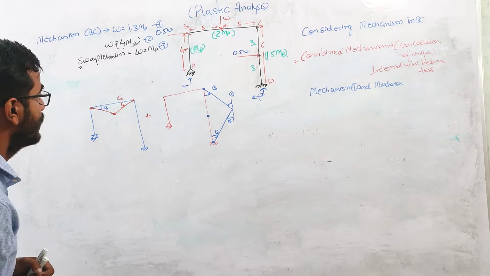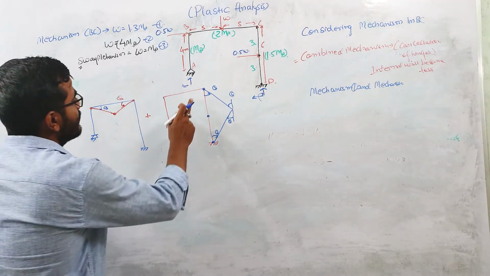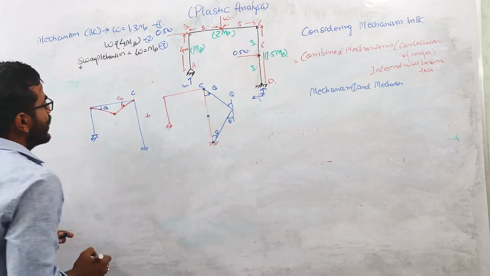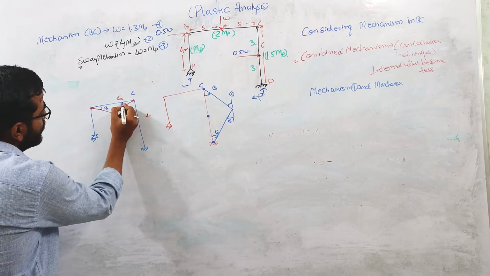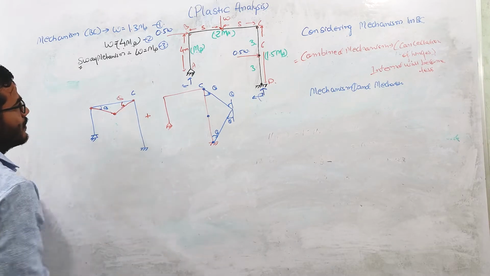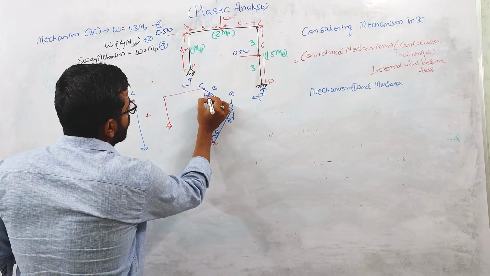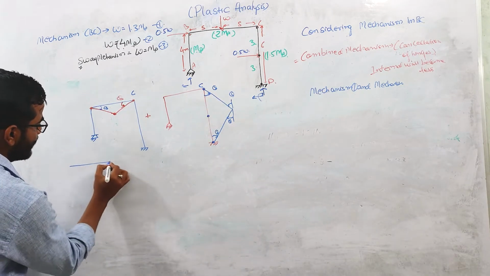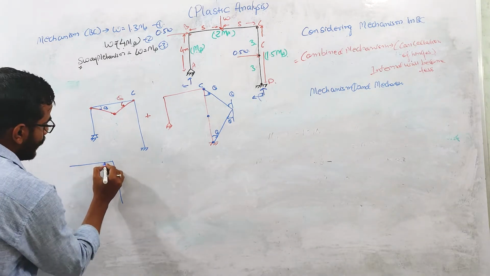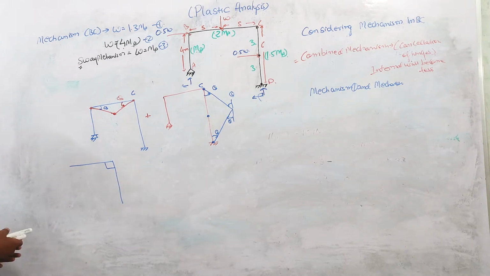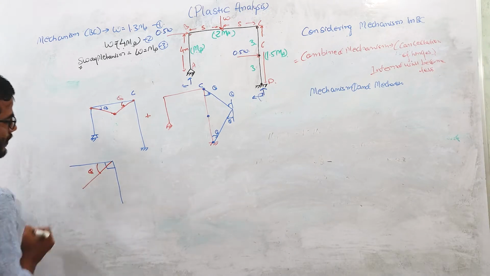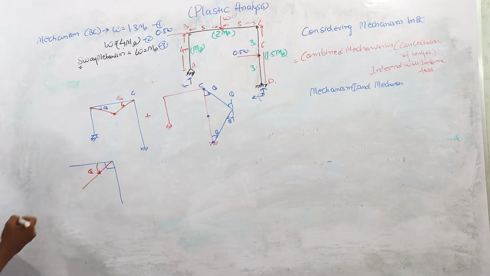Okay. Now if you see this point, this is the important thing. If you consider this point C, you can see that due to this anti-clockwise rotation, this portion is rotating in this direction, right? And again this member is rotating in this direction. The situation is like this. Initially the angle between these two members is 90 degree. Okay, so due to the B mechanism, this portion moves by theta in the anti-clockwise direction.